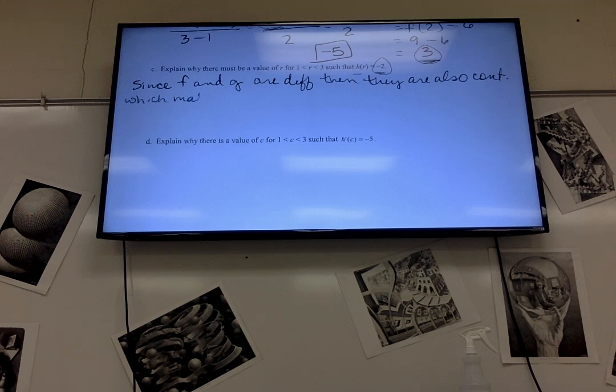Which makes h of x continuous, because if f and g are continuous and we make a function out of f and g, then h of x also has to be continuous.